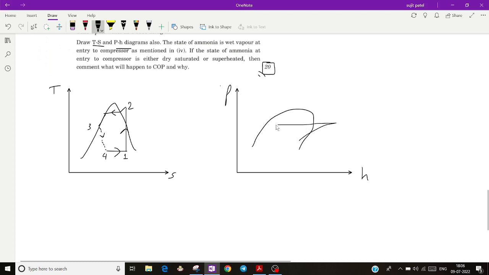Similarly, the PH diagram for this will be like this: 1, 2, 3, and 4. This is the cycle. Now this is the diagram.